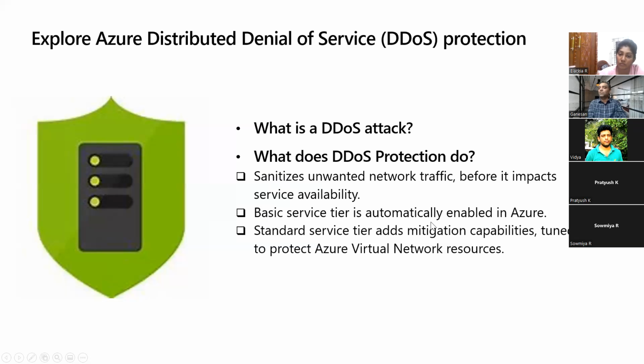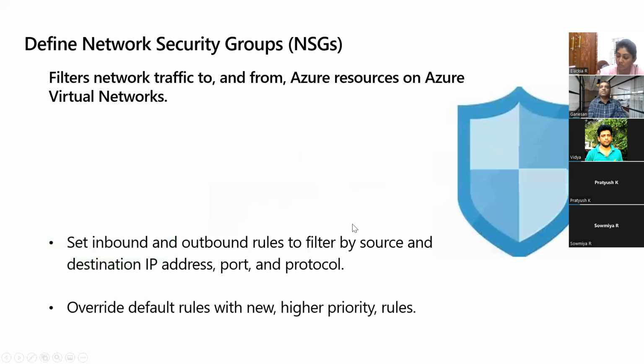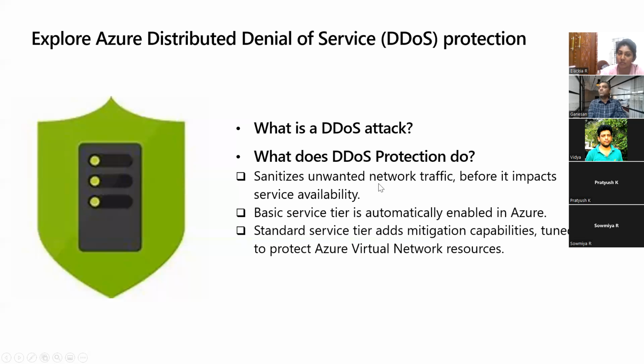The basic service tier is automatically enabled; the cloud itself gives it. The standard service adds mitigation capability, tuned to protect Azure virtual network resources. This is one kind of attack. In the exam, they will ask what is DDoS? Distributed denial of service. It sanitizes the unwanted network traffic. These two keywords, remember.